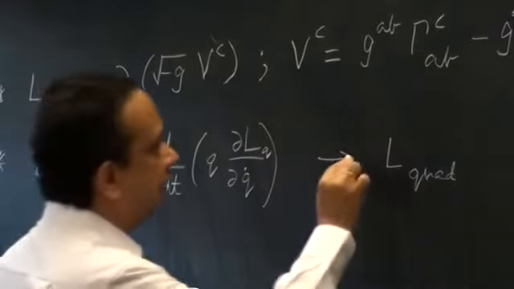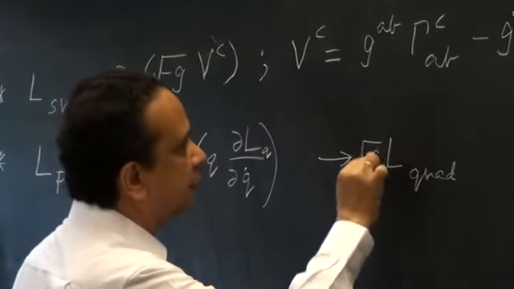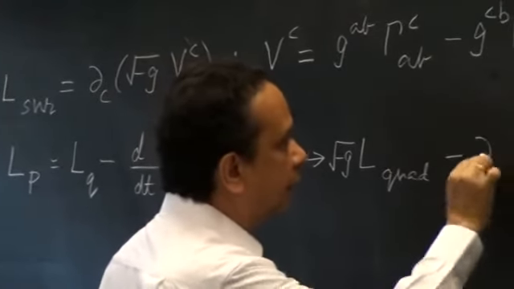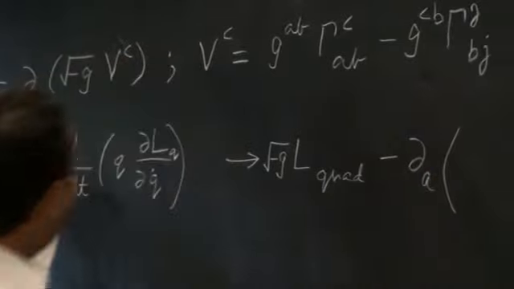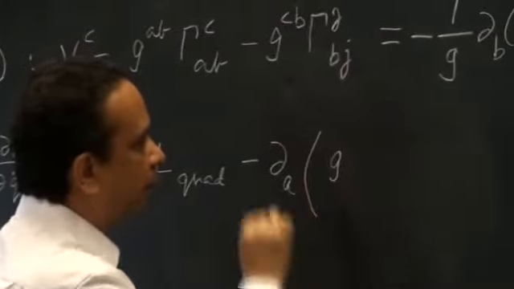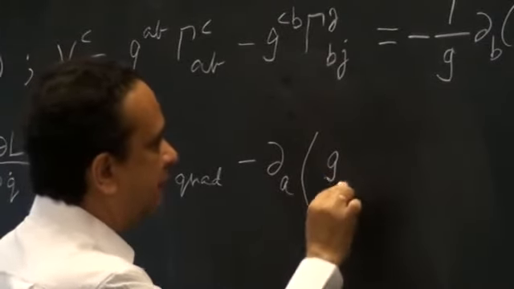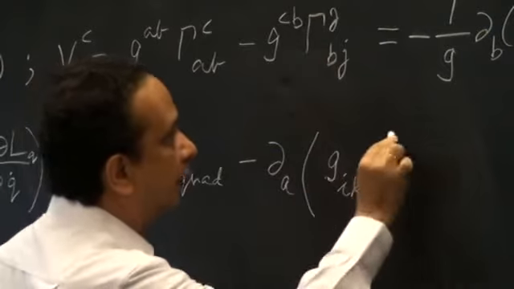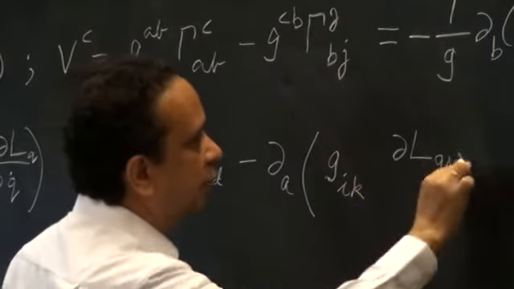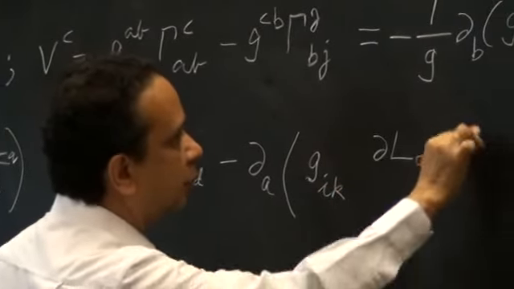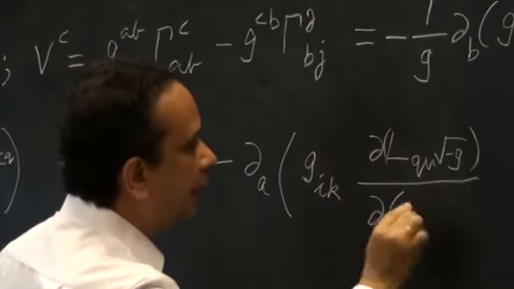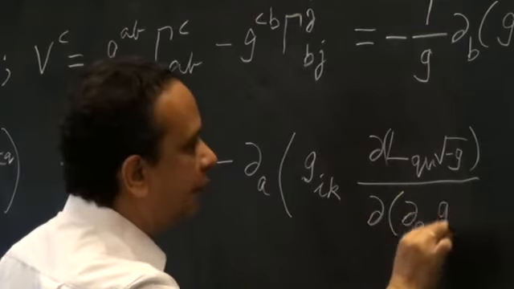So since I have not put the root minus g in that, it is L quadratic minus, d by dt will become a general d_a, then there is some metric which I can take to be, let us say, g_ik, d L quadratic, root minus g, though it doesn't matter, with respect to d_a of g_ik.